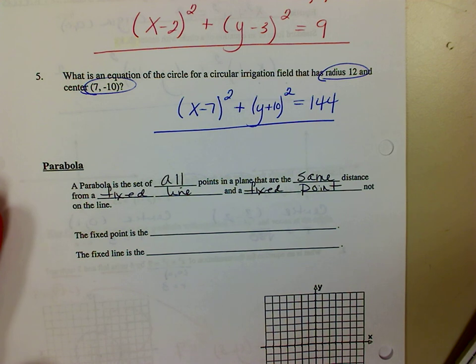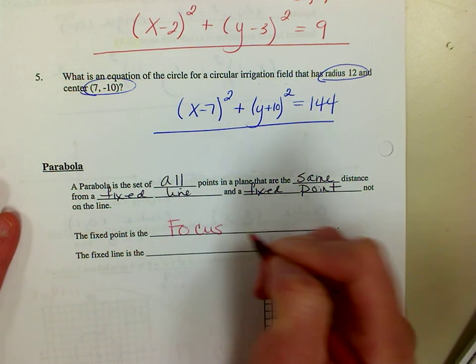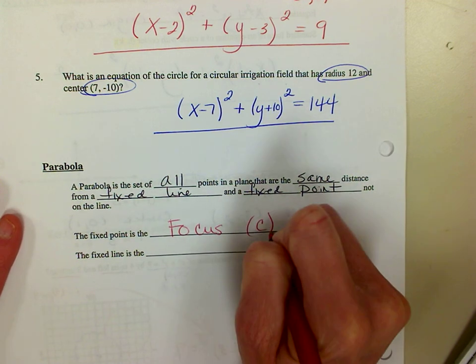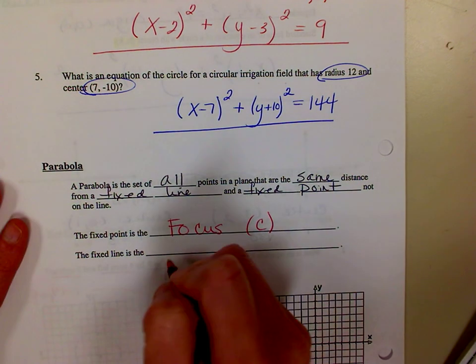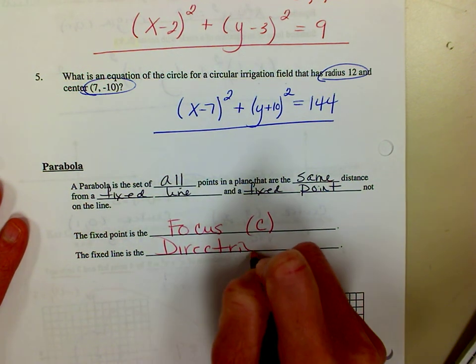The fixed point is called the focus, which is labeled with C, and the fixed line is called the directrix.